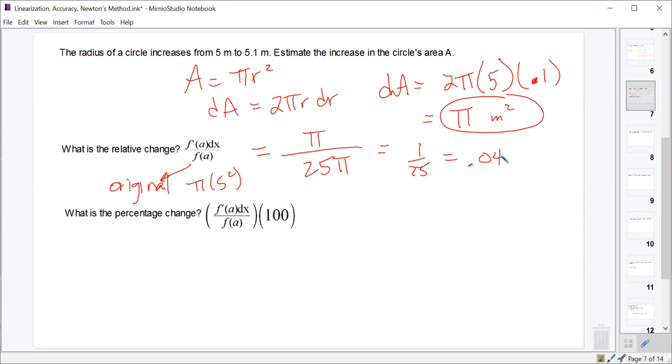So relative change is always how much it changed by over the original amount. And then we will also be asked about the percentage change, and your percentage change is just that multiplied by 100 to turn it into a percent, about 4% change.